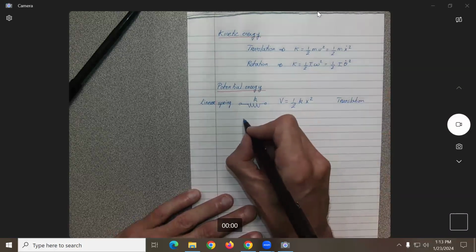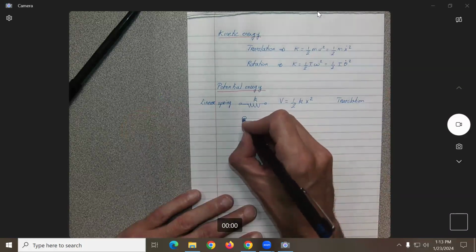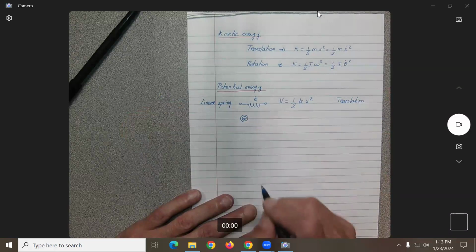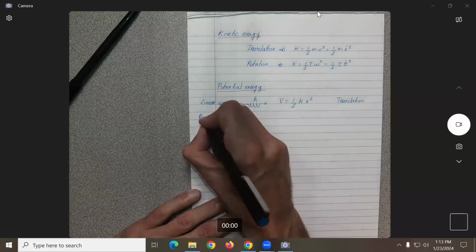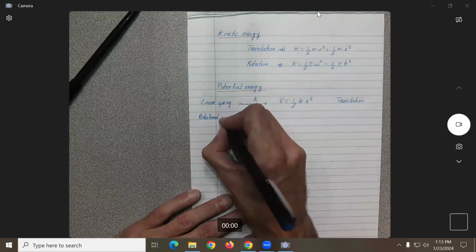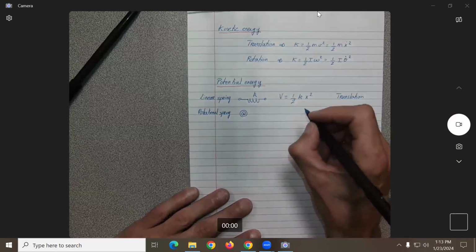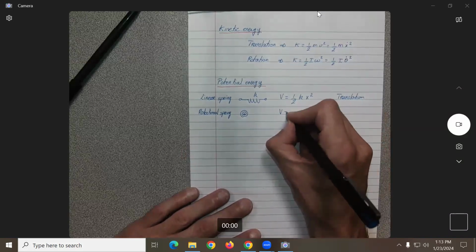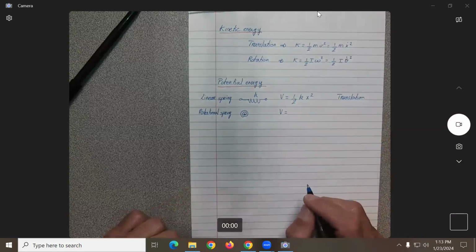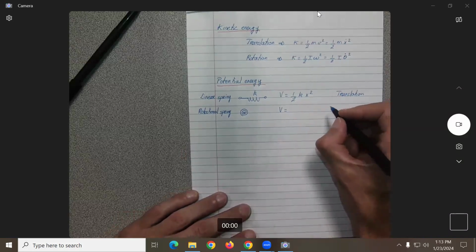Now you can have a spring at one point, and generally you will draw this type of figure. Okay, so this will be a rotational spring. So this one is related to rotation.